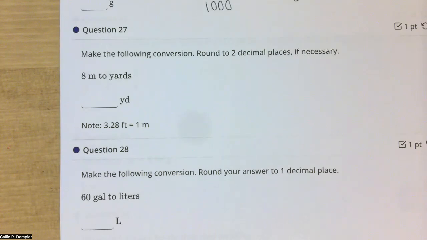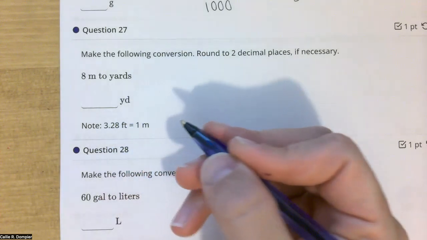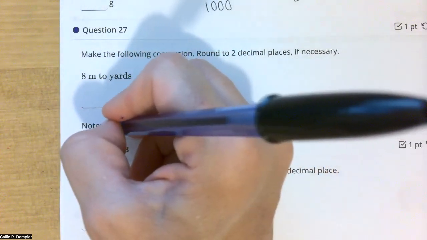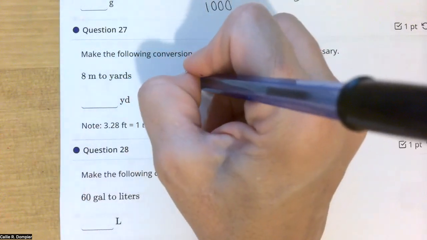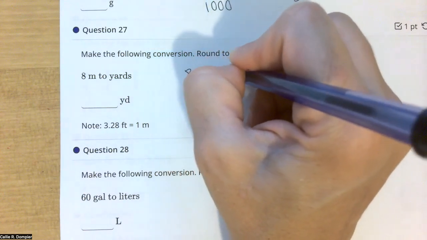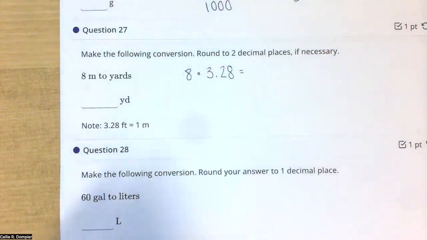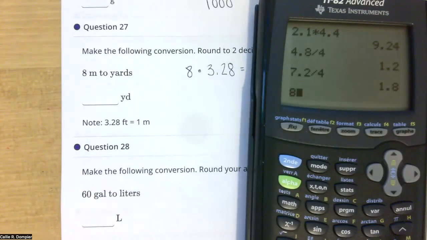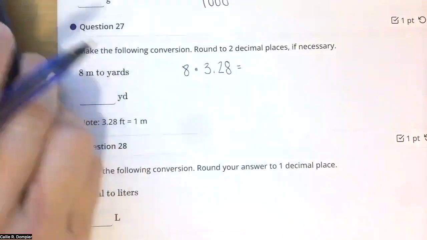8 meters to yards. Okay. A yard is 3 feet, right? 1 meter is 3.28 feet. 8 meters times 3.28 will give us our answer in feet, right? 8 times 3.28 is 26.24.